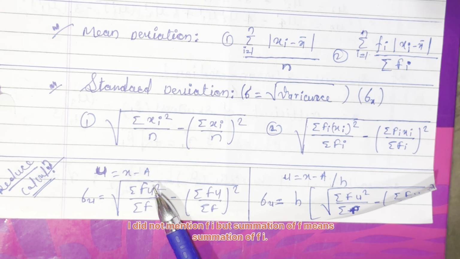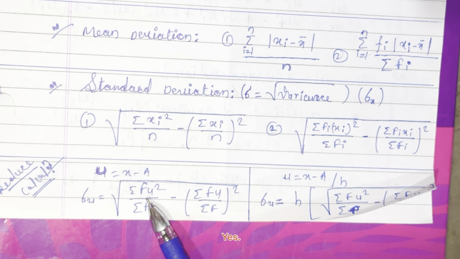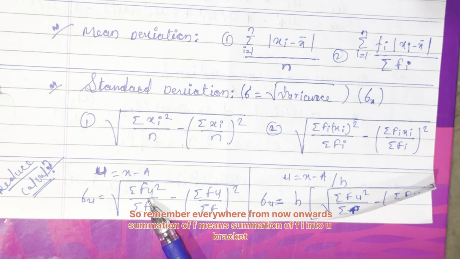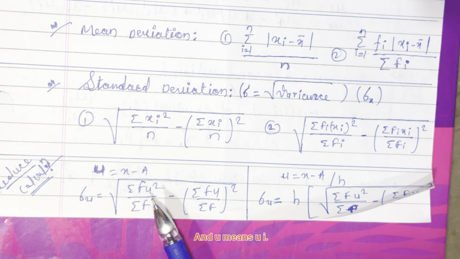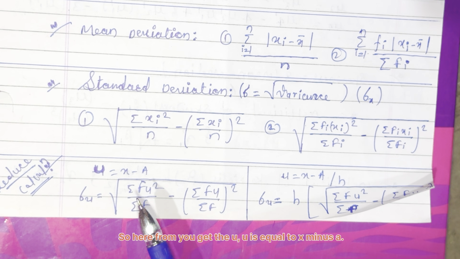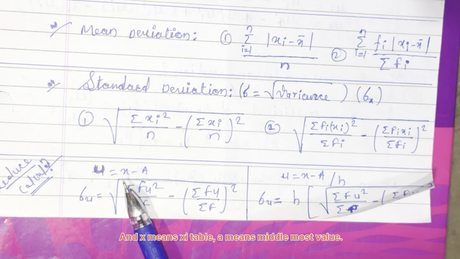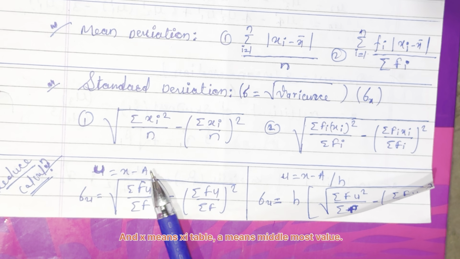I did not mention fi, but remember everywhere from now onward, summation of f means summation of fi, into u bracket square divided by summation of f, and u means ui. From here you get u equal to x minus a, where x is the variable and a is the middlemost value.